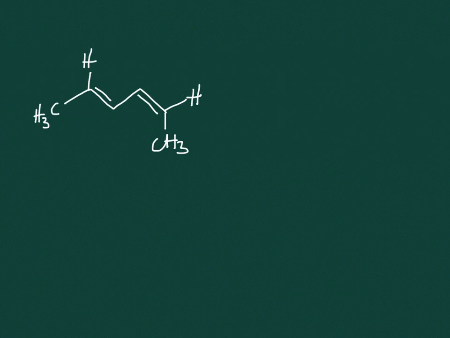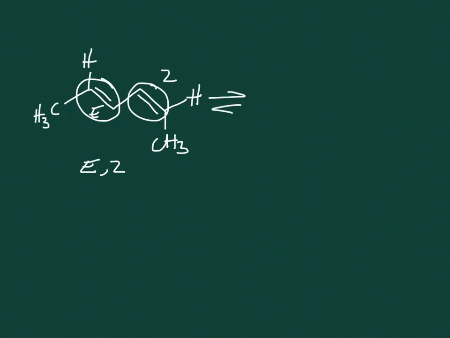Okay, here we have an EZ diene. This one is E alkene. This one is Z. When we rotate into the S-cis conformation, we have to maintain this relationship.